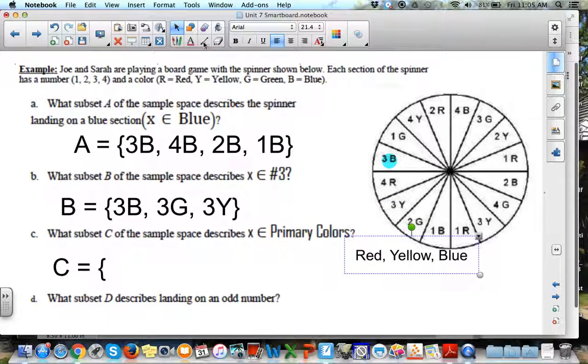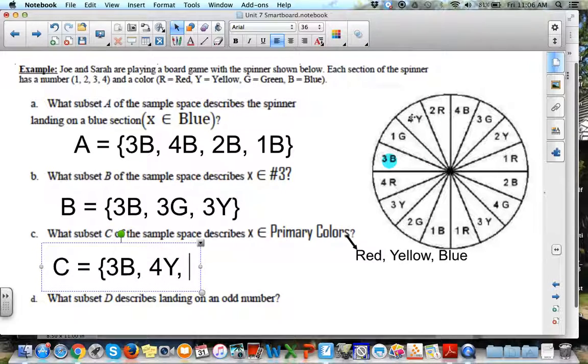Let's see, where can that go? Put it right here. Primary colors are red, yellow, and blue. So we don't care anything about green. That's really the only one we're going to ignore. But again, we don't want to repeat elements, so make sure we're paying close attention to whether we've already listed something before. So 3B is a primary color.